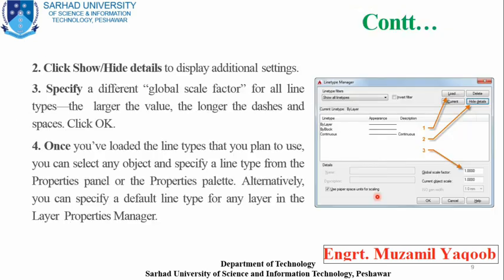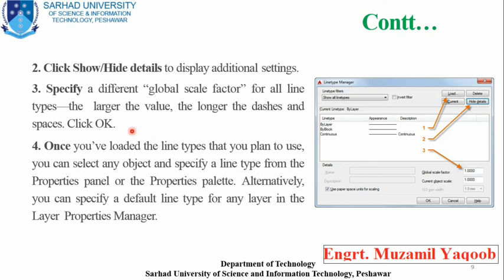Then in the second step, click Show Details to display additional settings. In this screenshot you can see the different additional setting options as well. In the third step you can specify a different global scale factor for all line types, where the larger the value, the longer the dashes and the spaces.